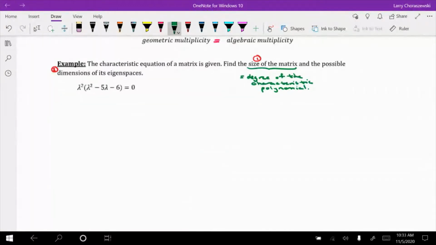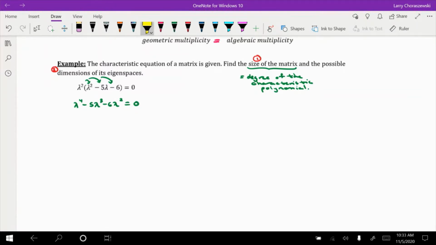And looking at the expression on the left-hand side, what would the degree of this polynomial be? Well, one thing that we could do is maybe distribute lambda squared into each of these. And we'd have lambda to the fourth minus 5 lambda cubed minus 6 lambda squared equals 0.